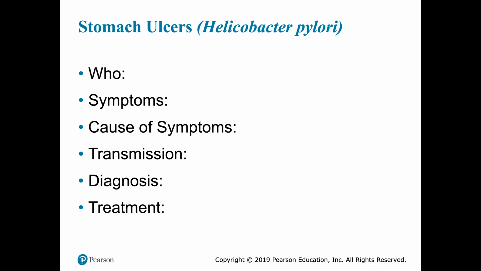Basically, your breath actually smells like urea, so a strong ammonia smell to it. And that's because this organism is triggering production of ammonia in the stomach. So you can actually smell it on the breath. And then if you do a biopsy of the stomach, you should see lesions.